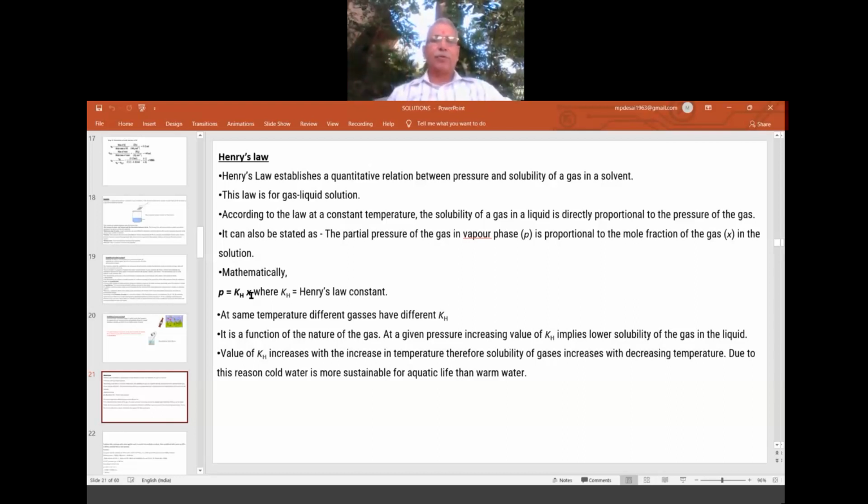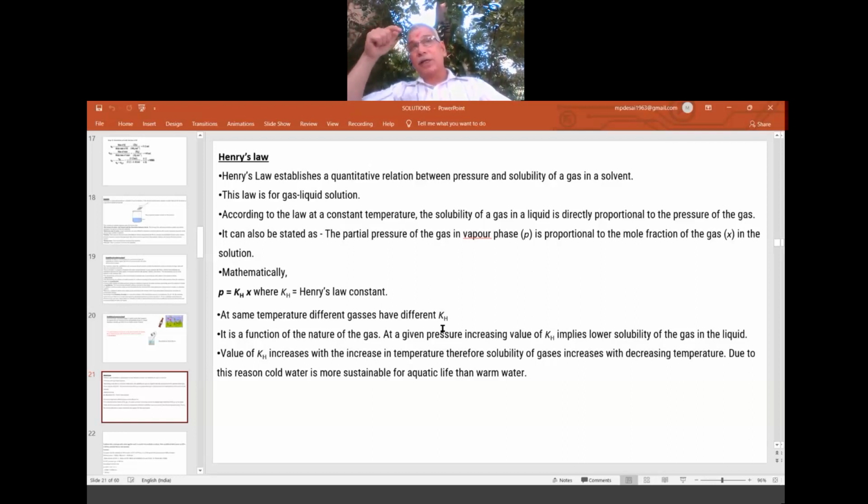By removing the proportionality sign, we keep a constant. That constant is called Henry's constant, KH. At the same temperature, different gases have different KH values, for CO2 a different KH, for H2 a different KH.